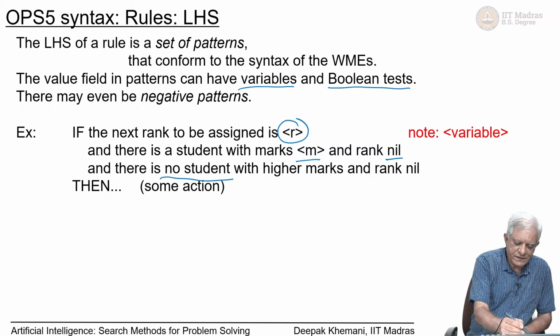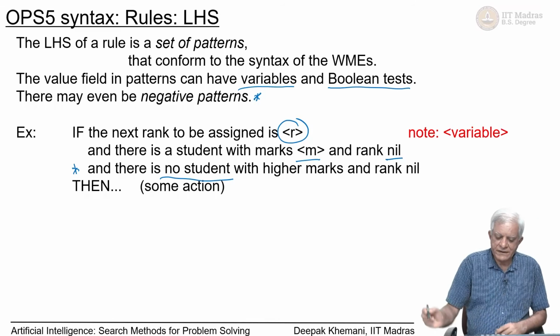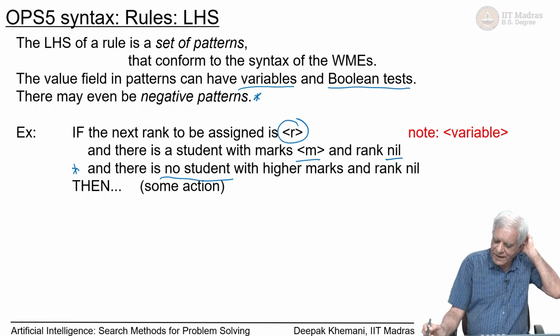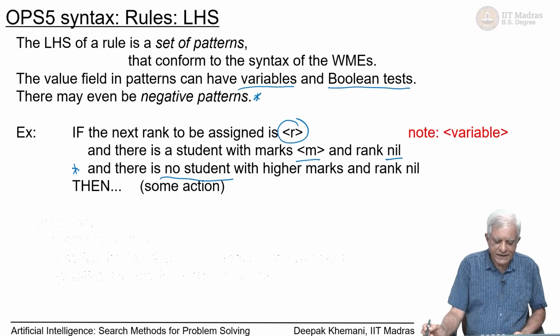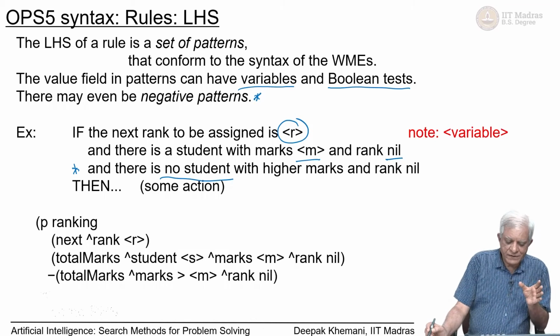So, this is the negative pattern that we were talking about, that there should not be any student who has higher marks than M and whose rank is also unassigned. So, basically the person with the highest marks who has not been assigned the rank is captured by this left hand side, and in Ops 5 it would look like this.